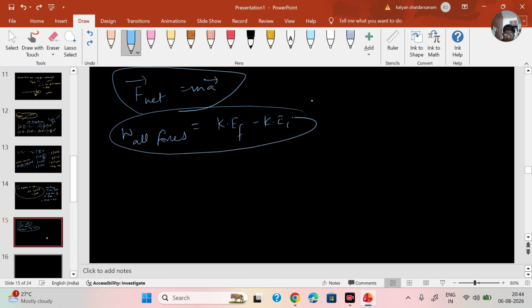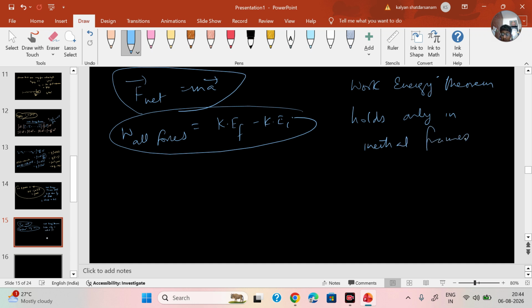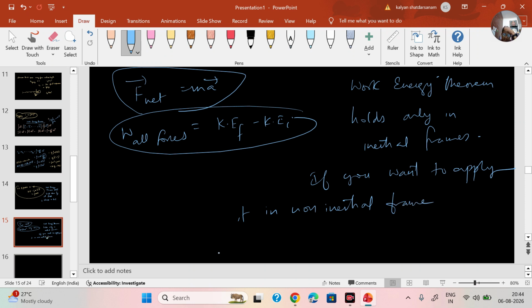So I will write this point here. The work energy theorem holds only in inertial frames in the way we have given it. If you want to apply it in a non-inertial frame, then include work done by the pseudo force also before you apply it.